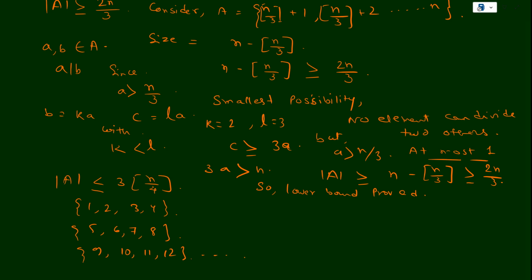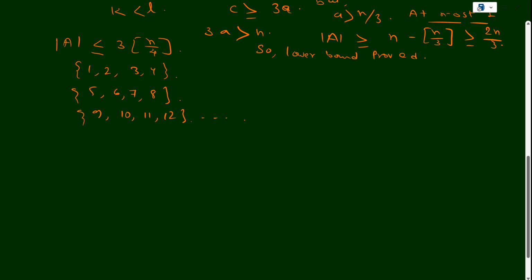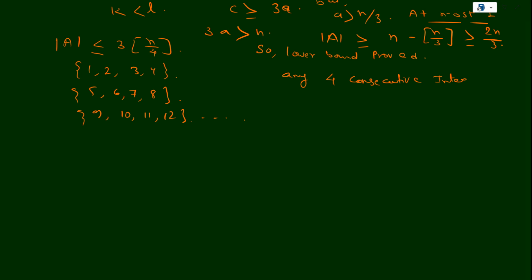Now, consider any four consecutive integers, like 4k plus 1, 4k plus 2, 4k plus 3, and 4k plus 4.